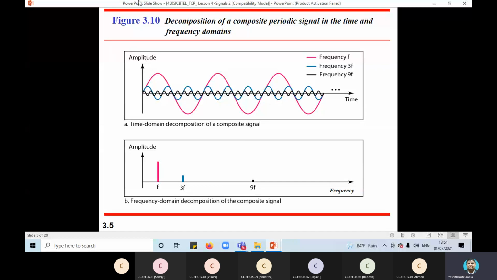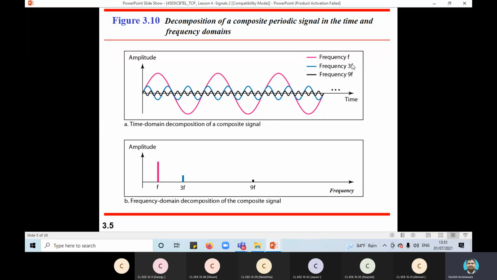Assume that this position is time 1 second. Then f is equal to 1, because we have only one component within a second. 3f is equal to 3, because 3 times 1. Inside the same period we have 3 waves, so that is why you have 3f.